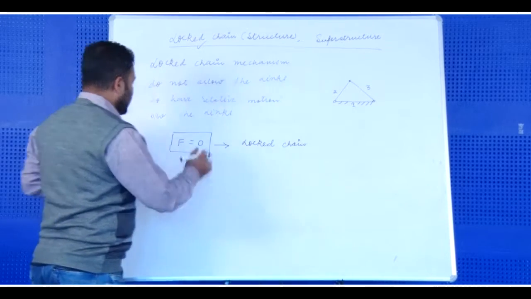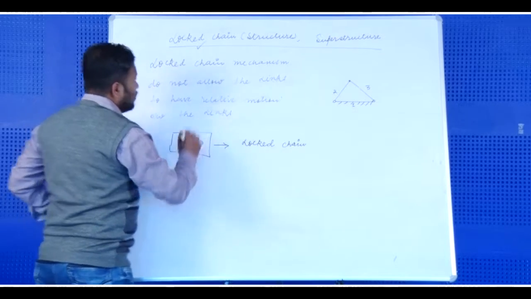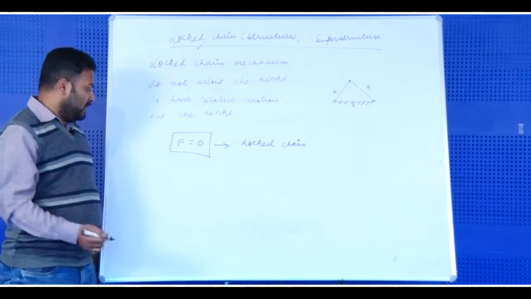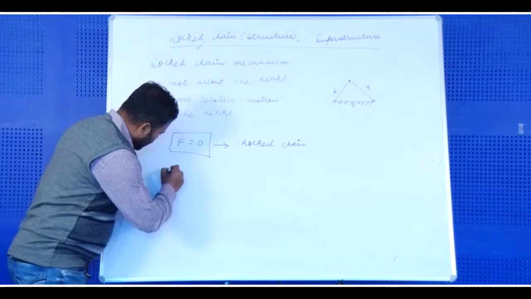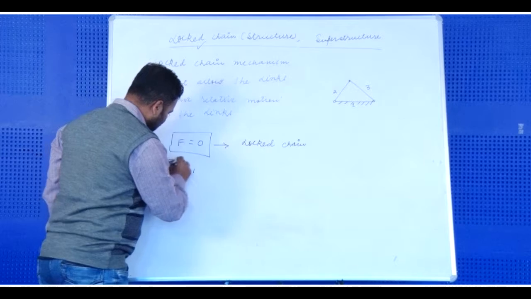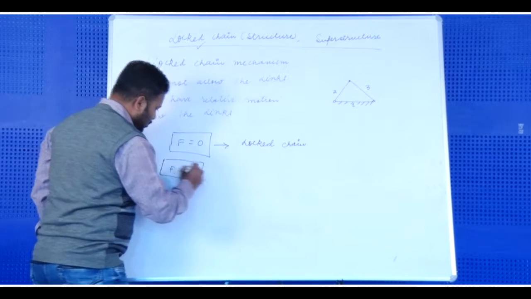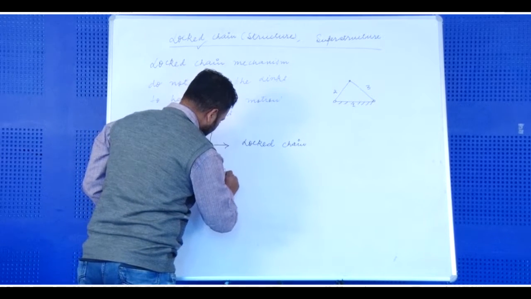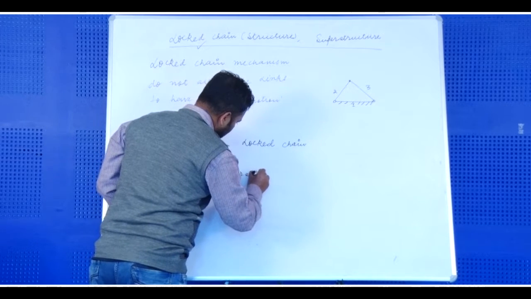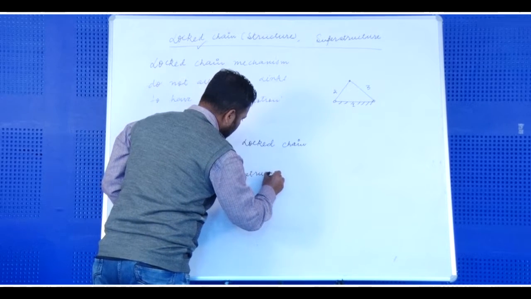Now, let us try to understand what a superstructure is. If in any case I find the degree of freedom comes equal to -1, then in this case it would be a superstructure.